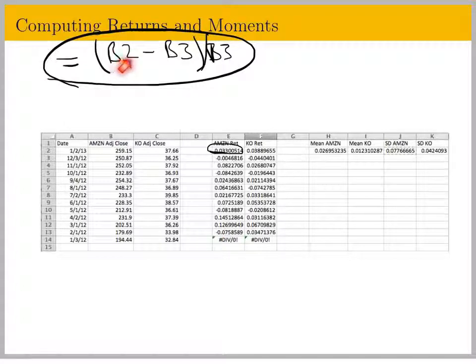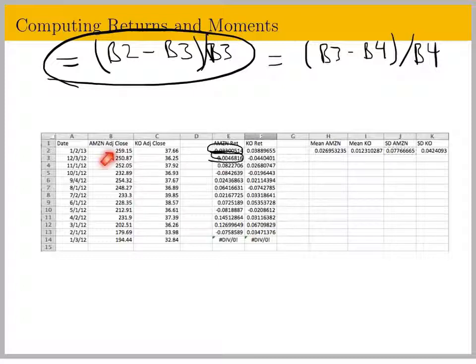And interestingly enough, Excel is smart enough that it will change the equation for the next cell to be B3 minus B4 all over B4. Note, the return here is equal to B3 minus B4 all divided by B4, and so on. It will continue to compute those in that fashion.